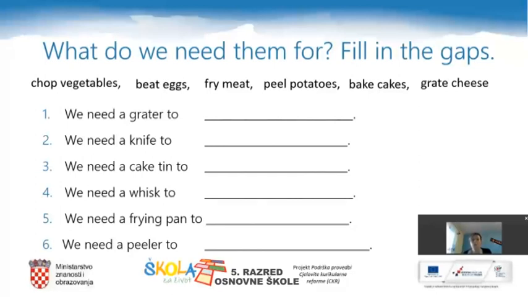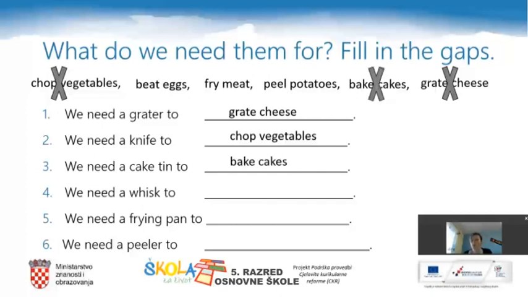Number 1, we need a grater to, can you find the correct answer? That's it, grate cheese. Number 2, we need a knife to do what? Can you find the correct answer? We need a knife to chop vegetables. Number 3, we need a cake tin to, can you find the right answer now?